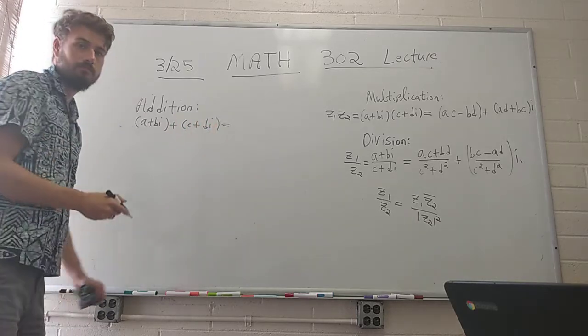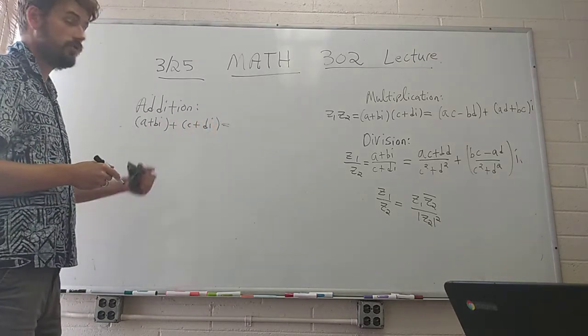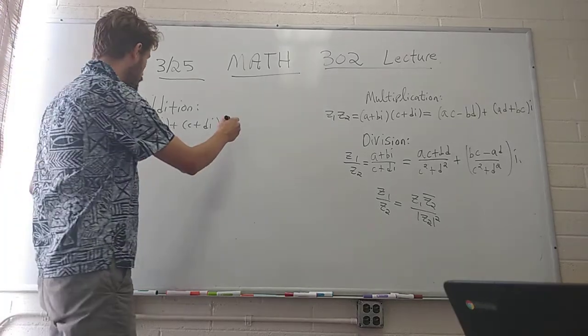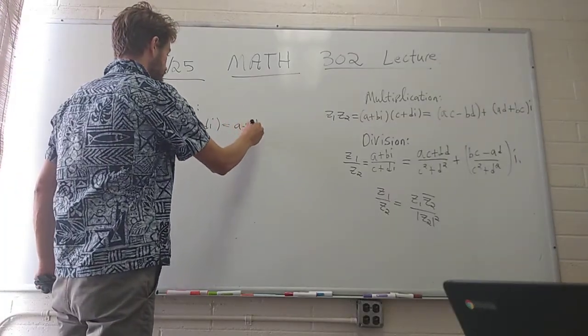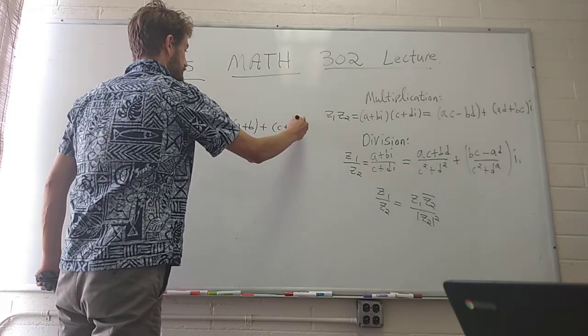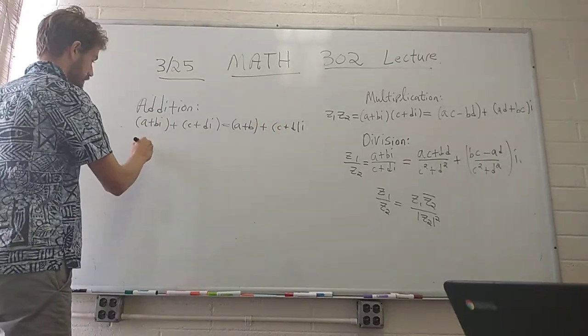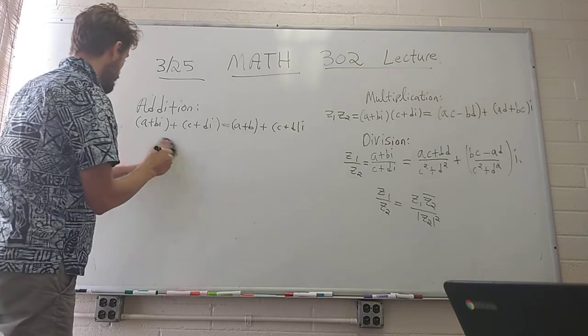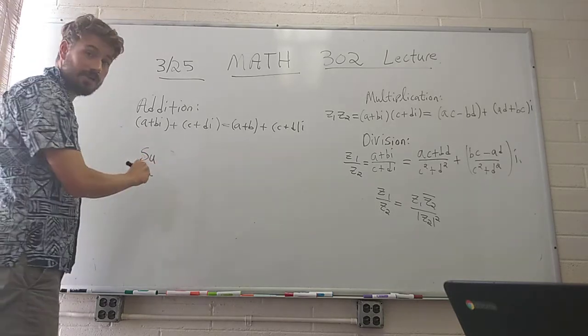Addition and subtraction is actually a lot quicker. You can just add them component-wise: a plus bi plus c plus di. And then subtraction.